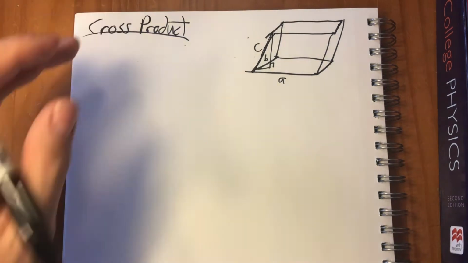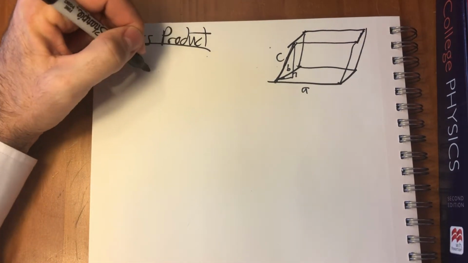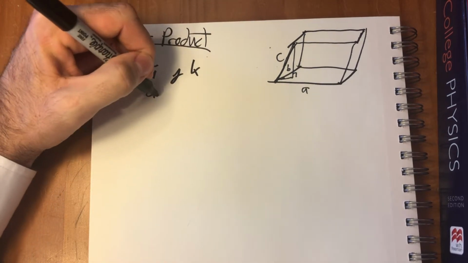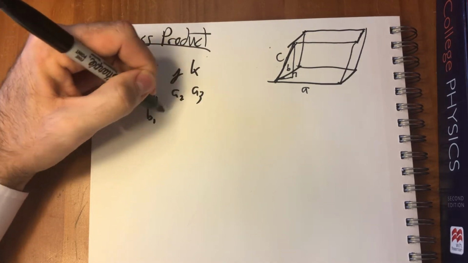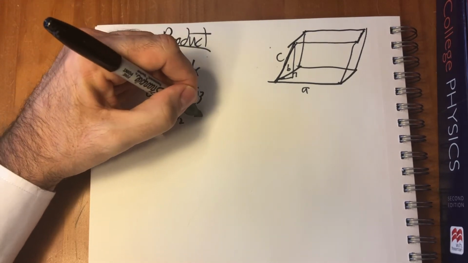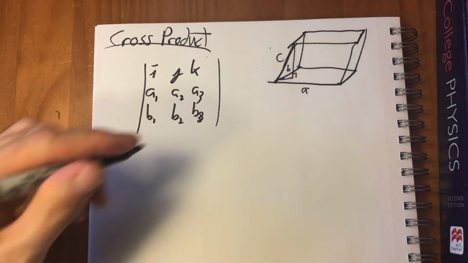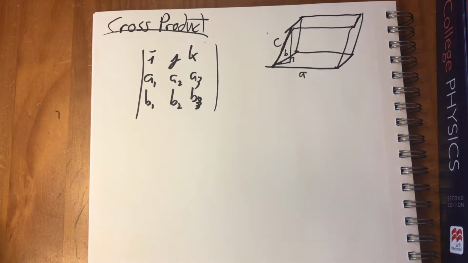But the question is, what is the cross product? Because remember, the cross product is the very strange animal I, J, K, and then A1, A2, A3, B1, B2, B3. And the question is, why? What does that have to do with anything, and how does it help? So that's what I'm going to show you.